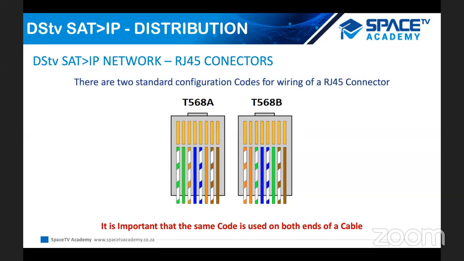If you use B on the one side, you must make sure that you use B on the other side. And as you can see, there's a very specific color coding in this. And as we said earlier, the twisted pair cables are twisted for a reason, and that is also why the order of these cables is very important when making off these cables, to ensure the efficient functionality of your network.